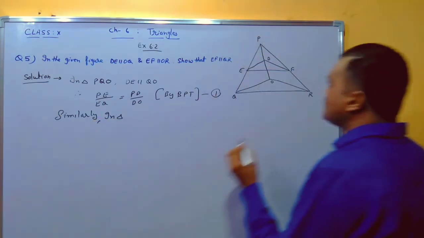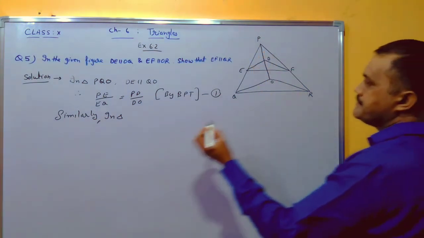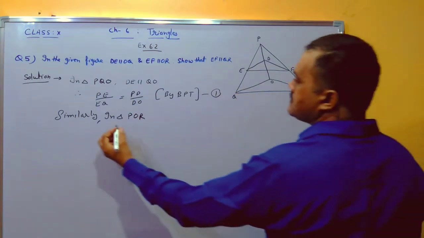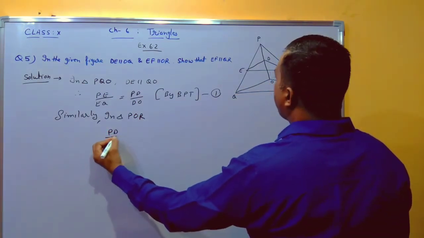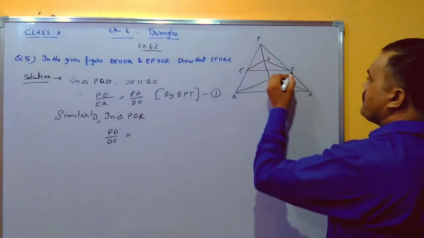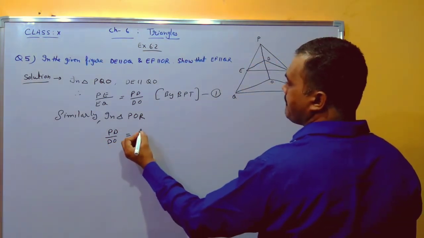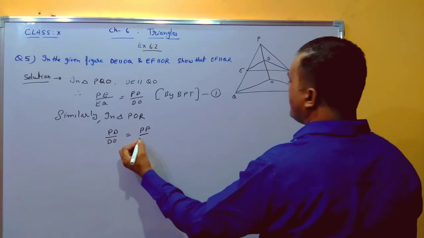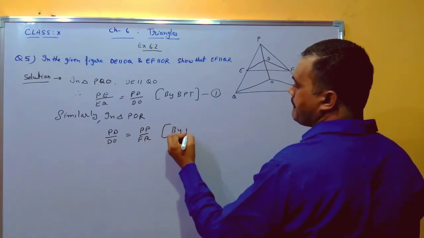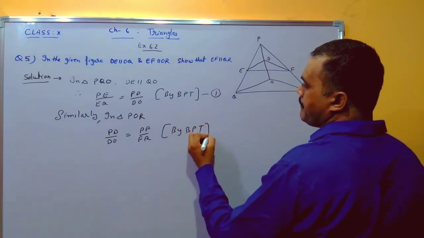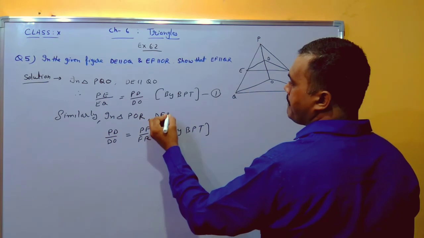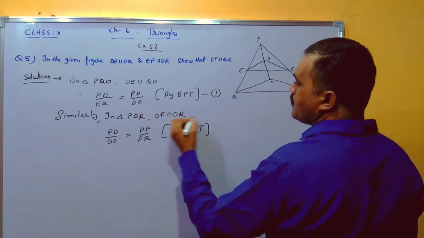Similarly, in triangle POR, this PD upon DO is equals to PF upon FR by BPT, because you are given already this DF parallel OR.